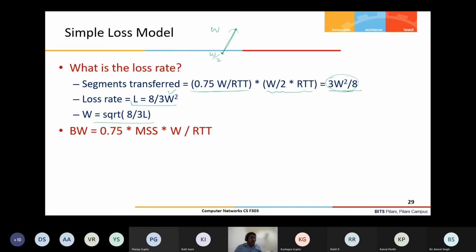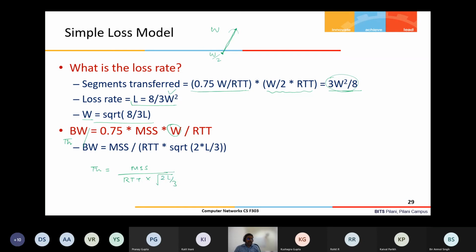Now I put this W value into the throughput formula, 0.75 into MSS W by RTT, replacing W with square root of 8 by 3L. Using this, we will be able to present the throughput in terms of the loss rate as well. So the bandwidth or throughput of the TCP connection is MSS divided by RTT times the square root of 3 by 2L.